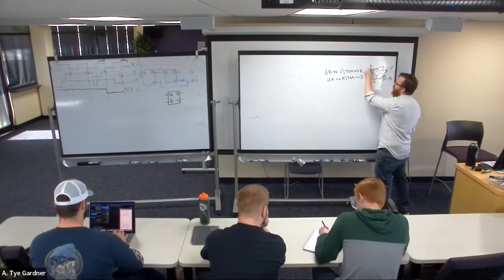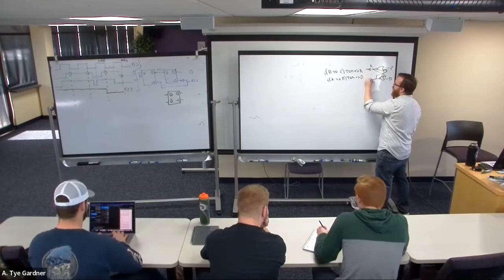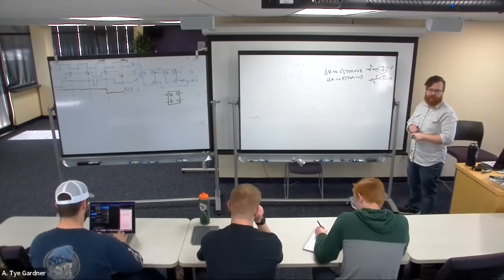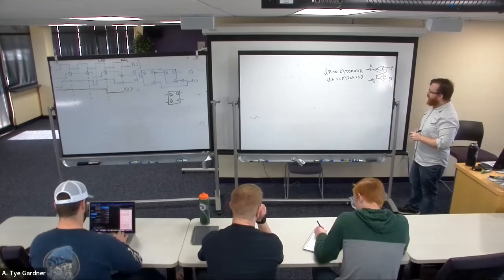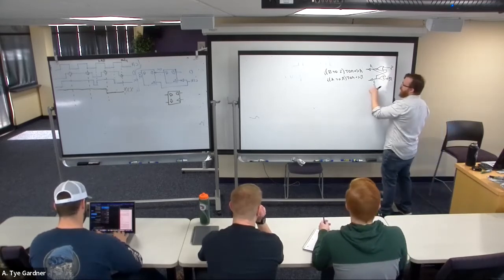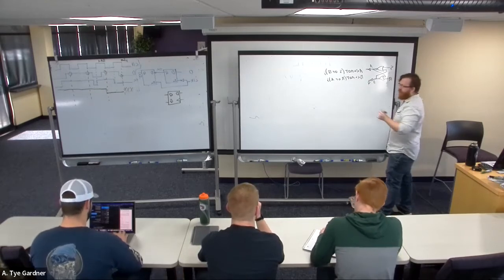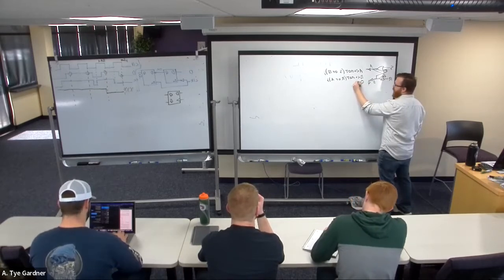So what I do is I have little buffers. And what those buffers do is now on this side it's B, but on this side it's Q. And the definition of buffer is the output just equals the input.